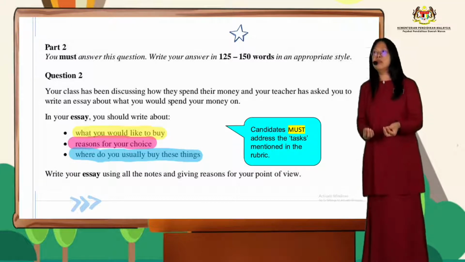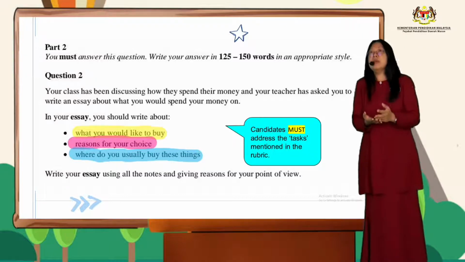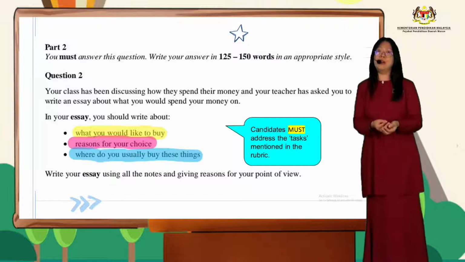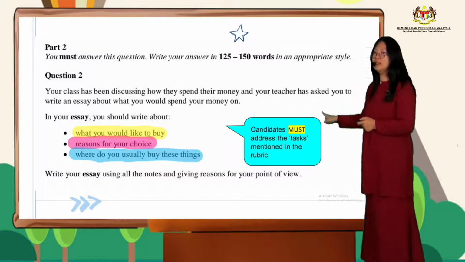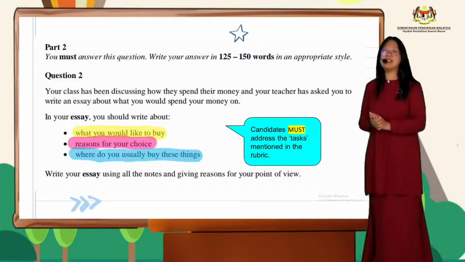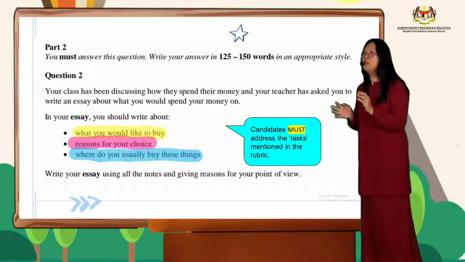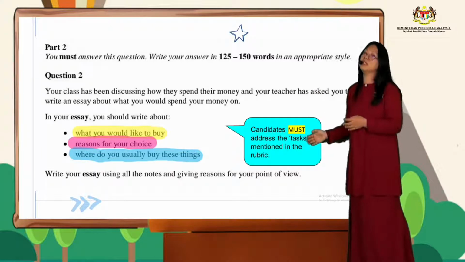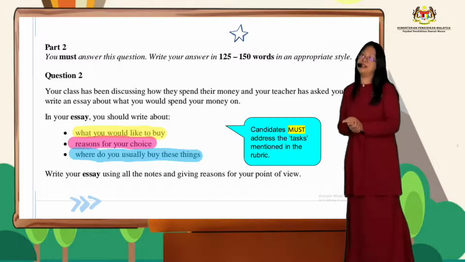A teacher is someone that we know, so we should not use a register that is too formal. And there are 1, 2, and 3 task requirements here. You must make sure you include all these 3 task requirements in your essay.